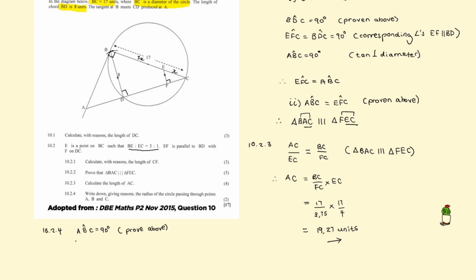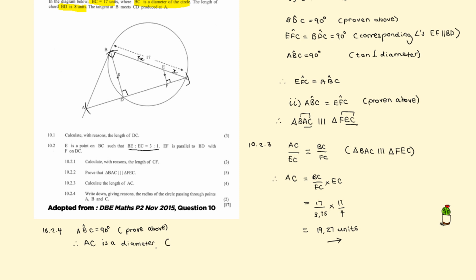So therefore, if there was a circle through these 3 points, then this would be a chord, so it makes AC a diameter, right?